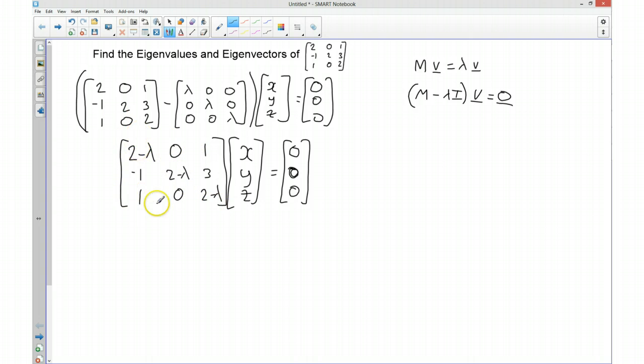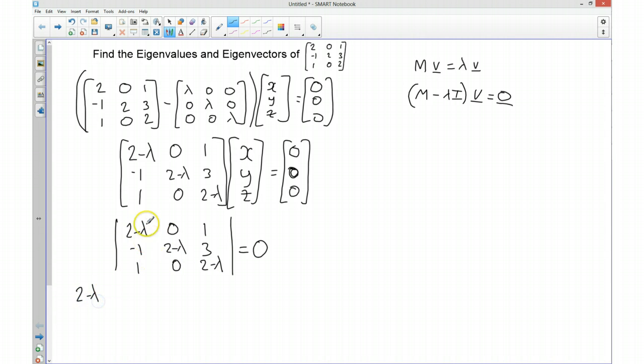So I'm now going to use that idea to give me what's going to be called my characteristic equation. So I want the determinant of this bit here to be equal to 0 because I want this to be singular. Okay, so from this I'm going to be able to solve this.